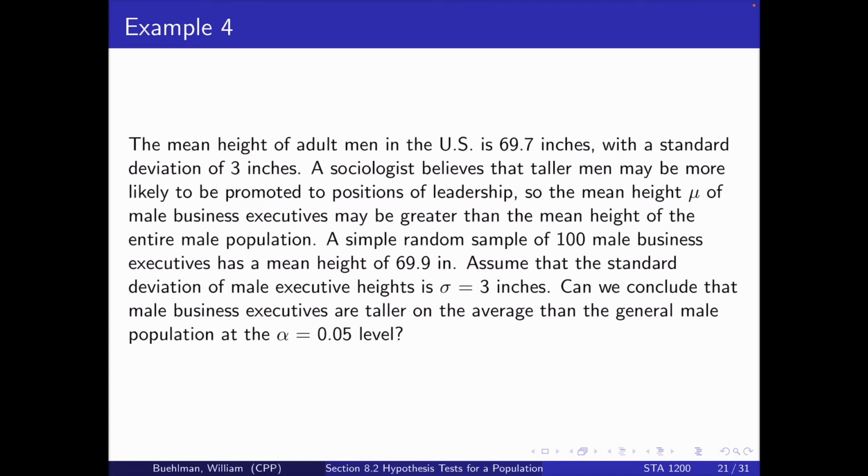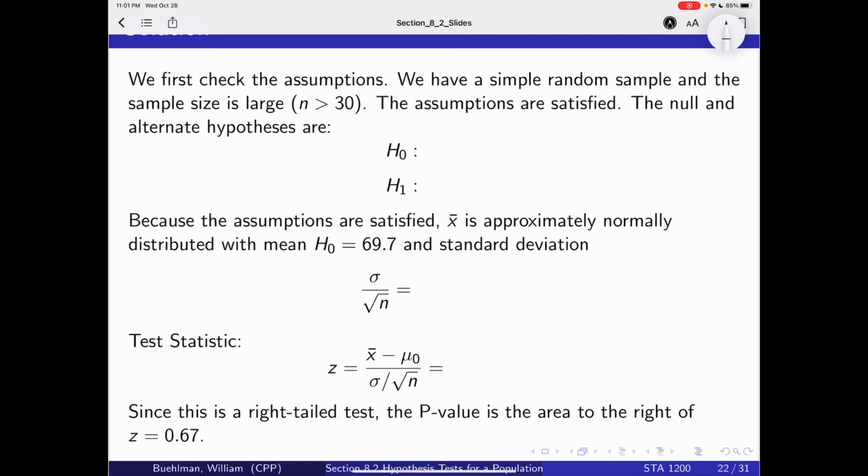A simple random sample of 100 male business executives has a mean height of 69.9 inches. Assume that the standard deviation of the male executives is 3 inches. Can we conclude that male business executives are taller on average than the general male population at the alpha equals 0.05 level? We first check the assumptions.